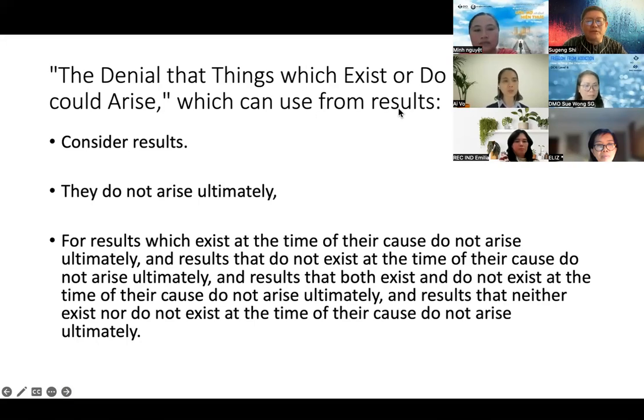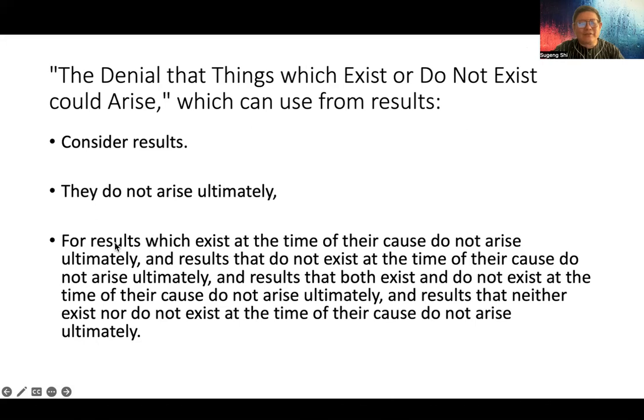And the third one, the denial that things which exist or do not exist could arise. This is using the four, but focusing on the result. Just now, sliver of diamond, using the four, focusing on the cause. This is using the four, focusing on the result. Consider results. They do not arise ultimately because results which exist at the time of their cause do not arise ultimately.